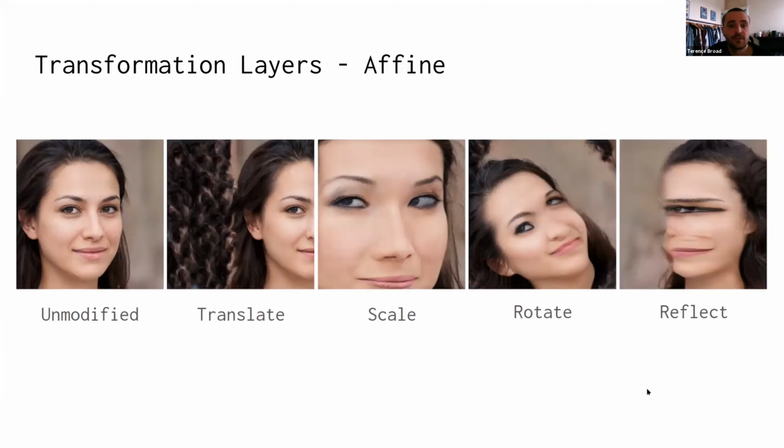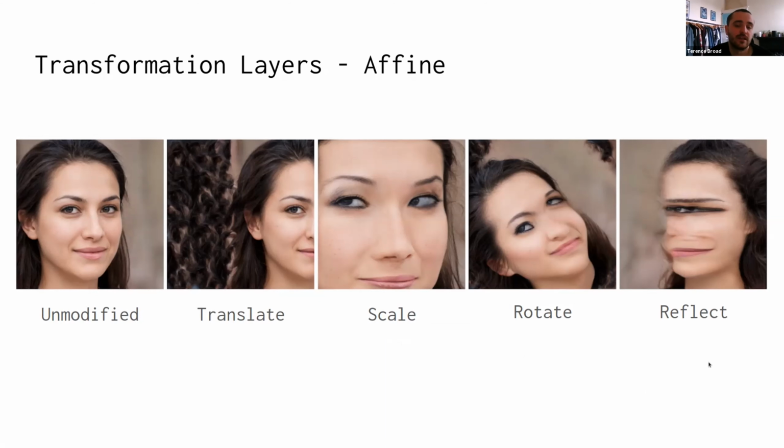We also have affine transformations. These are implemented in custom C++ operators in OpenCV. And these, we have translation, which can be done in the X or the Y direction. We've got scaling, which is done uniformly in X and Y. Rotation, and then reflection, which can be done horizontally and vertically.